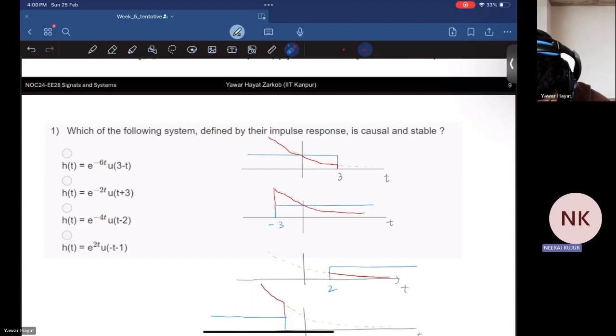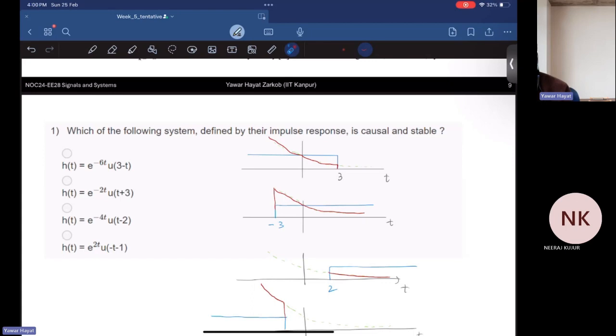Sir, I believe all the systems are causal. How do we determine the systems are causal? Sir, the system should not be dependent on future inputs. System should not depend on the future instance of time.